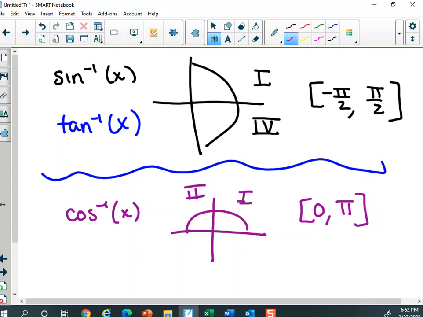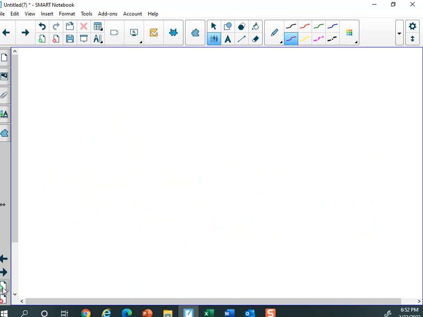We're sort of focused on answering these questions around the unit circle, so knowing how the sines and cosines and tangents work for the different families.